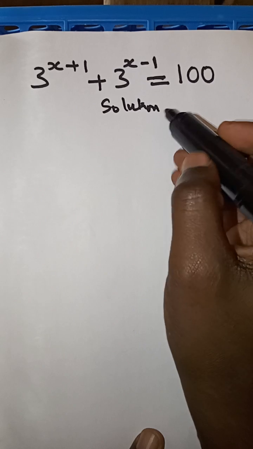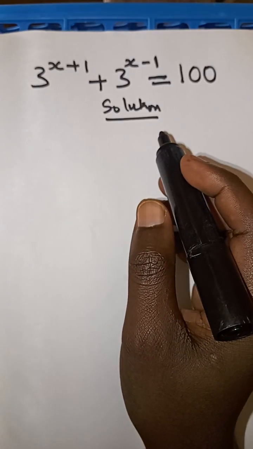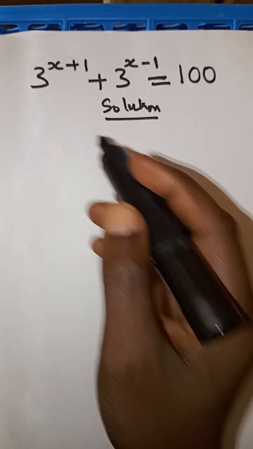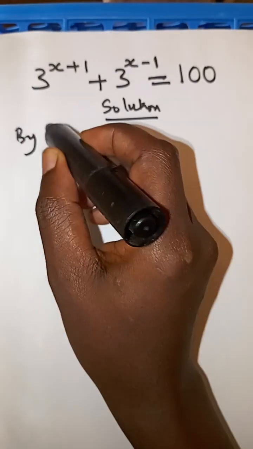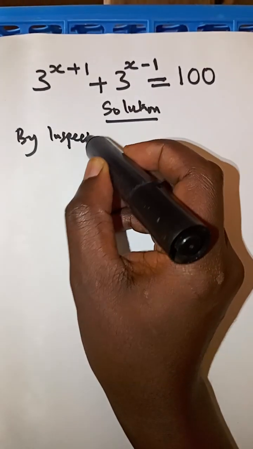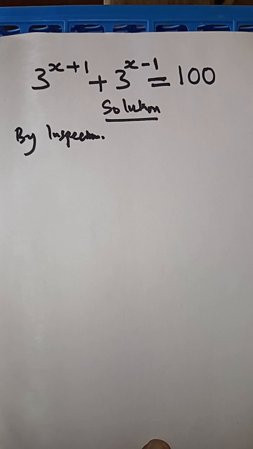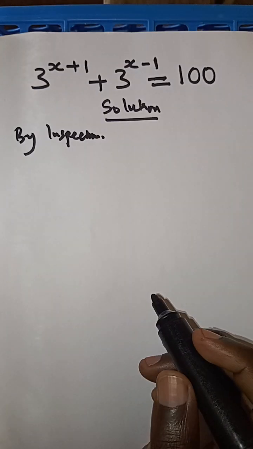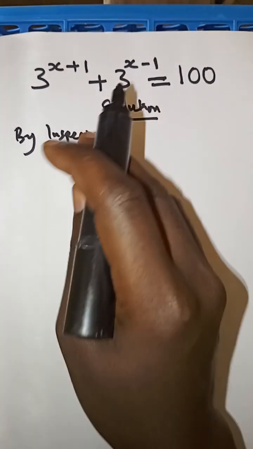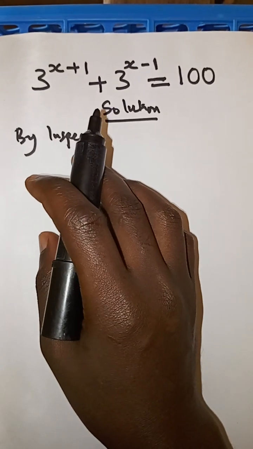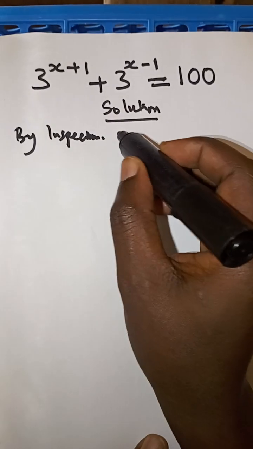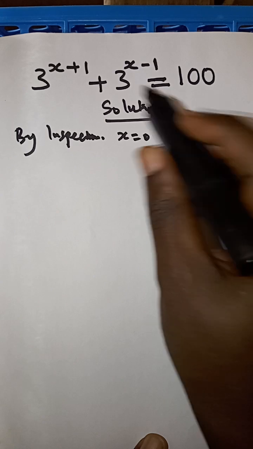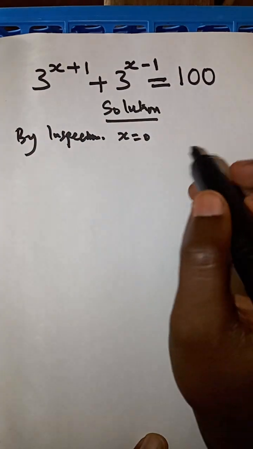Straight away onto the solution part. I can start by inspection, to see if I'm able to predict the actual value of x. Let's start: if x is equal to 0, then this equation is going to change.